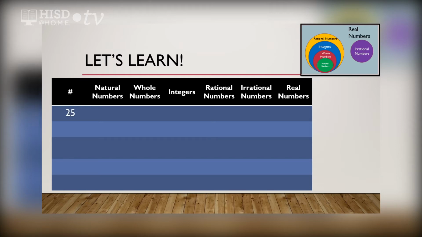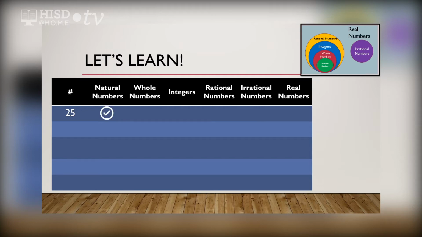Our first number is 25. And let's think about the number 25. Well, 25 is not a decimal number, is not a negative number, and you can use the number 25 to count. So that's why we call it a counting number. And we know that the counting numbers are just called natural numbers.